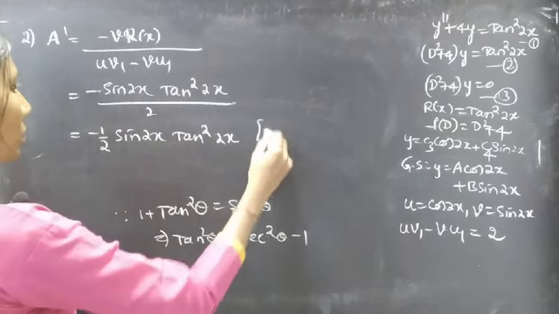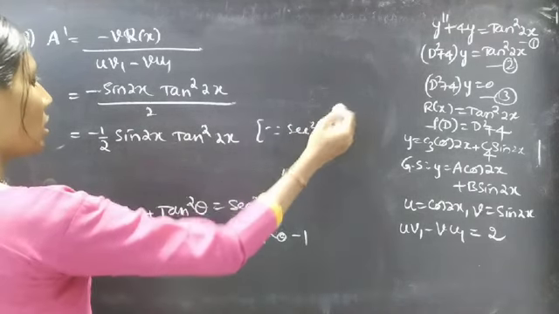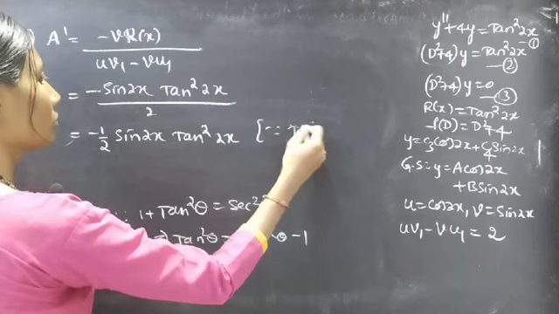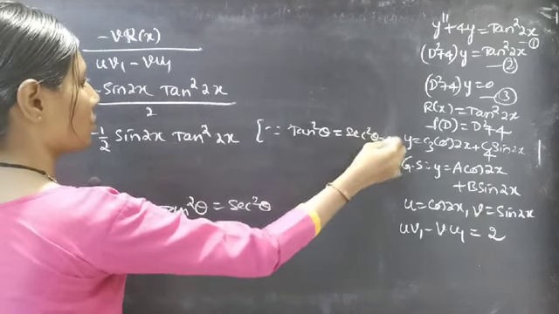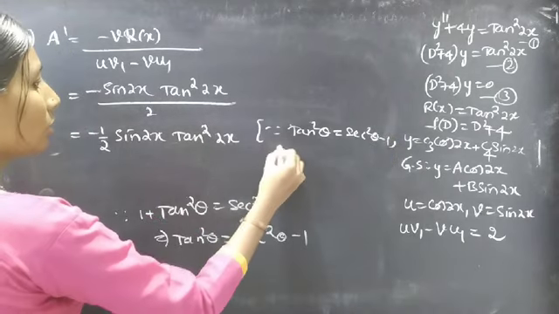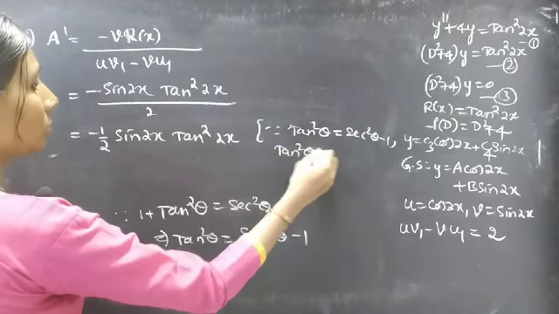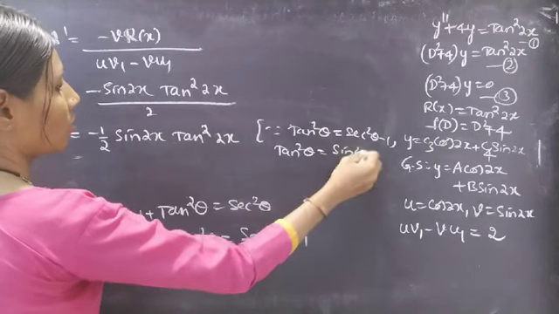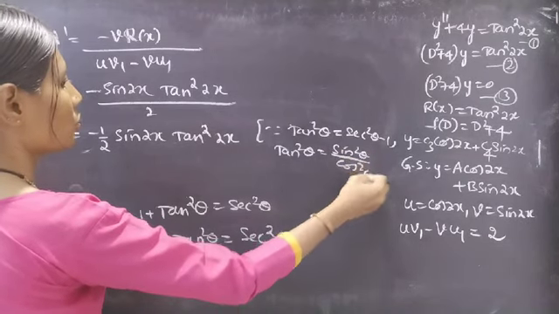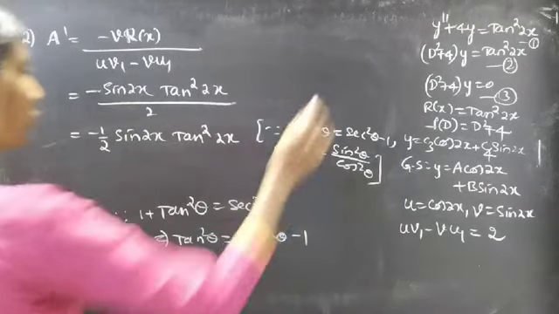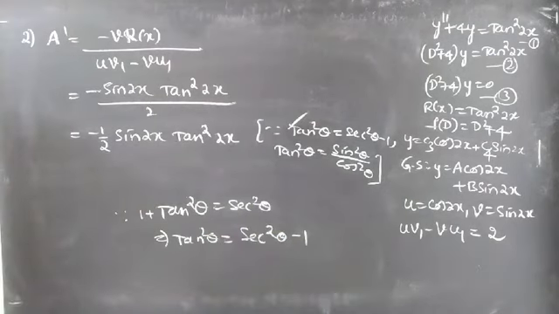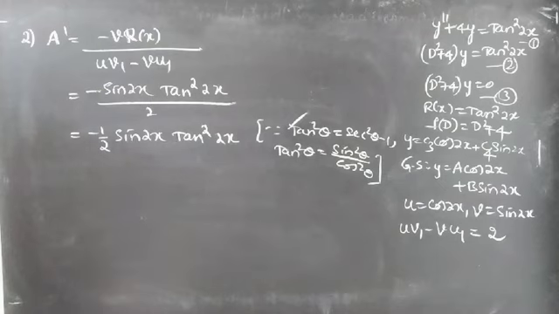So let's replace tan square theta with secant square theta minus 1, or we can also replace it with sine square theta by cos square theta also. Okay, so I'm going to prefer the first one. So let me show you in both the cases.